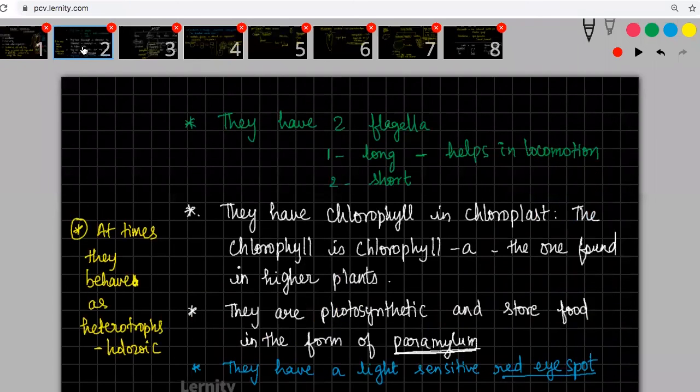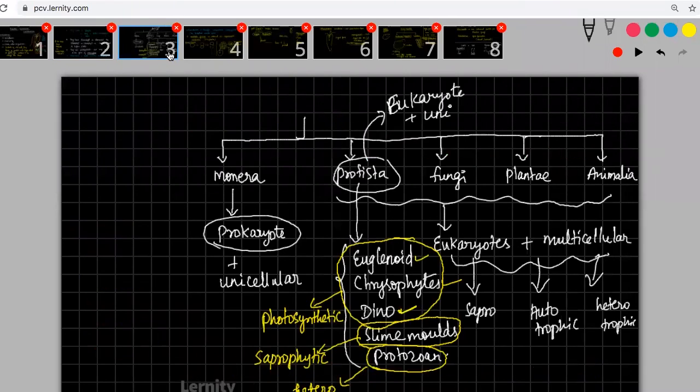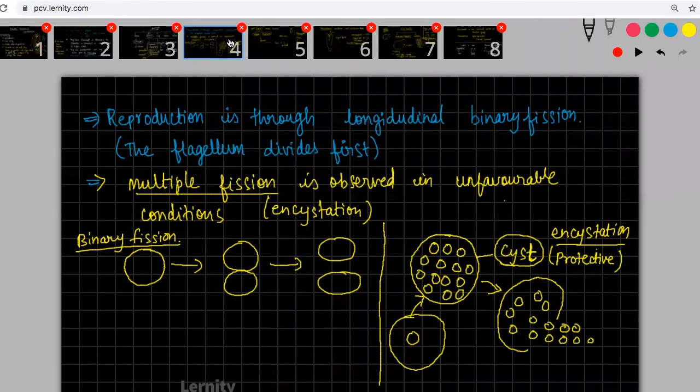Second slide. Third slide. Fourth slide.